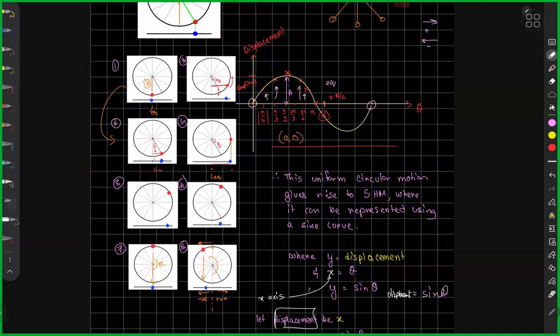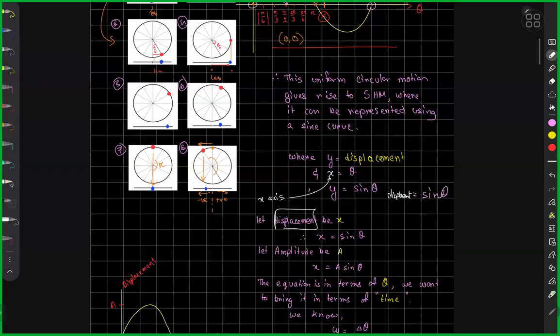So y displacement is equal to sine theta. If you put in pi by 6, what do you get? You get the displacement at pi by 6. If you put in pi by 3, what do you get? The displacement at pi by 3. If you put in 7 pi by 6, you get negative whatever the value is, displacement. Right? Got it? Perfect.